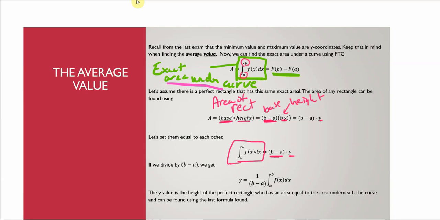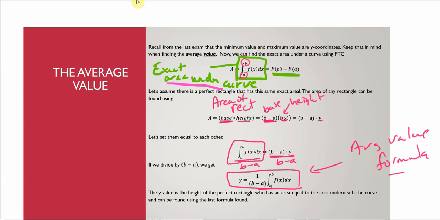Now, if we divide both sides by b minus a, I end up with y is equal to 1 over b minus a, times the integral from a to b of f of x dx. And this is the average value formula.